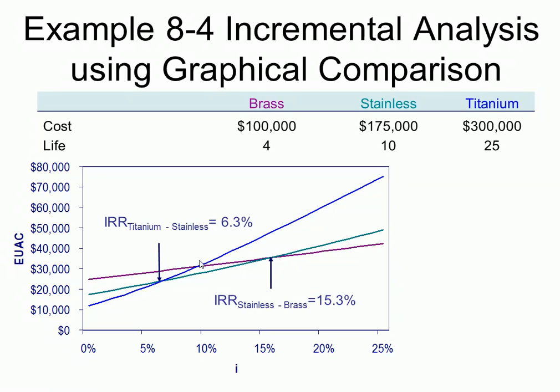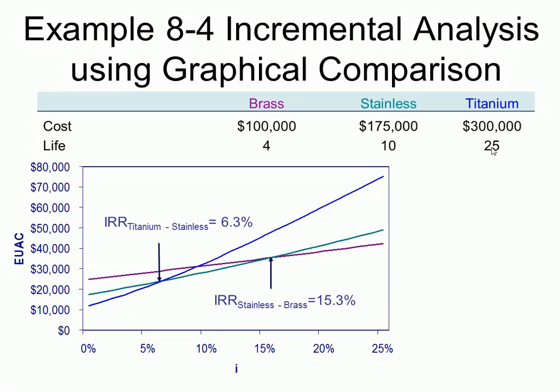So we don't really need to consider this one, because we're only selecting the ones that are next to each other in terms of the initial cost. The brass and titanium are not next to each other. The brass and stainless, they are, and then stainless and titanium, they also are next to each other in terms of initial cost.